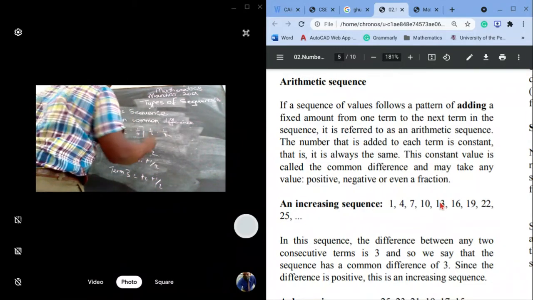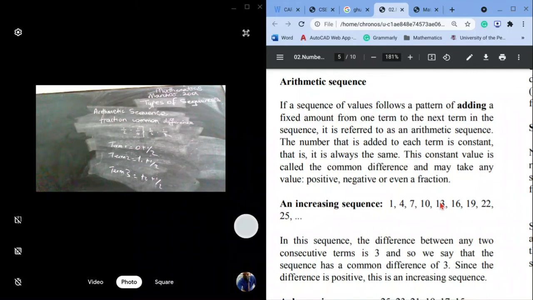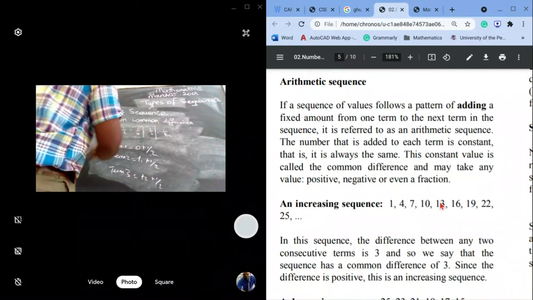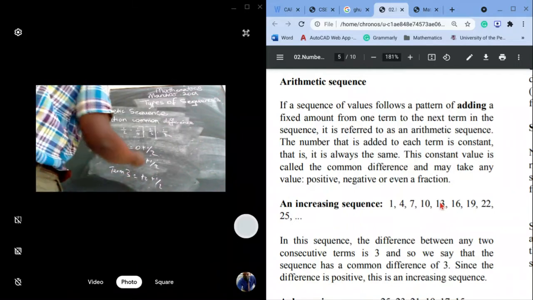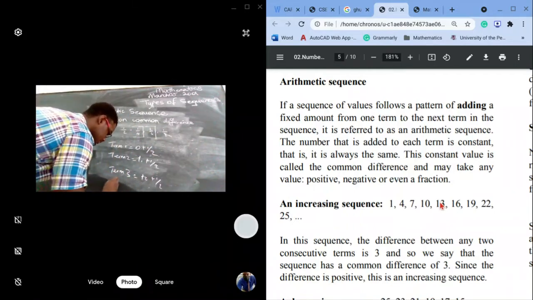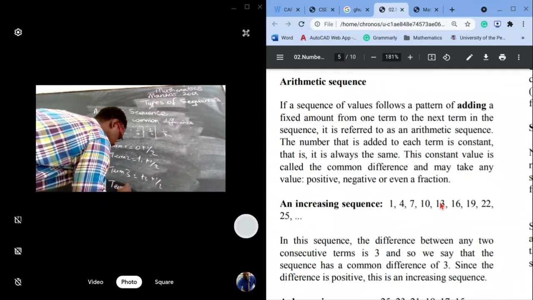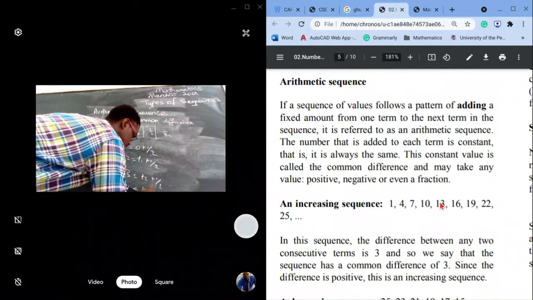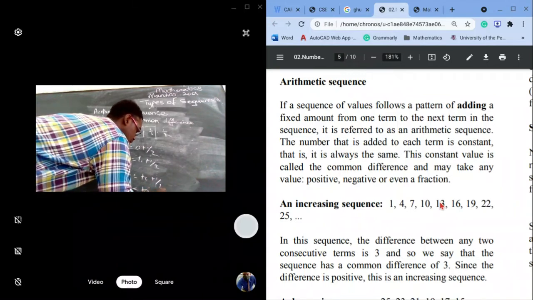So a quarter plus a half will give me a sixth. Alright? And then now finally term 4 would be term 3, which is a sixth. So T3 plus a half.